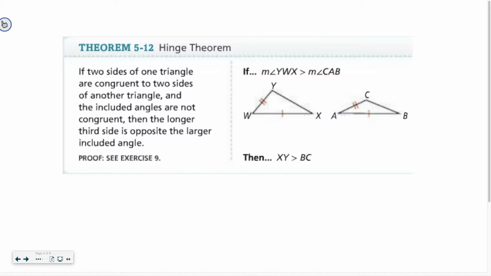When you have two congruent sides, that is a must. If you don't have two congruent sides, you cannot apply the Hinge theorem. So you absolutely need two congruent sides before you can apply it.